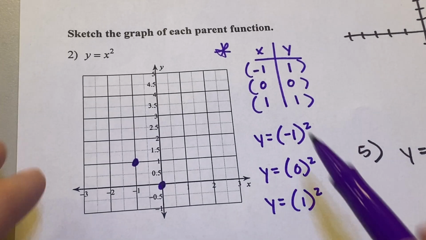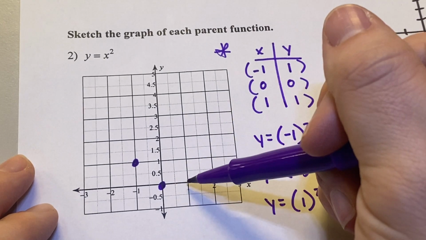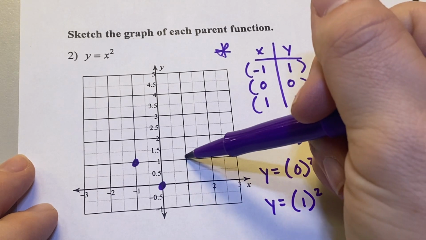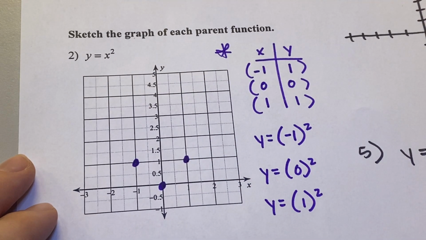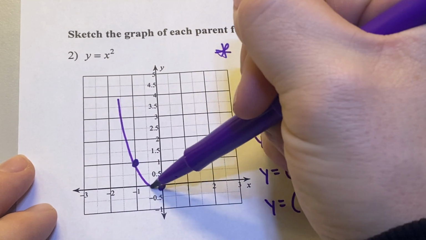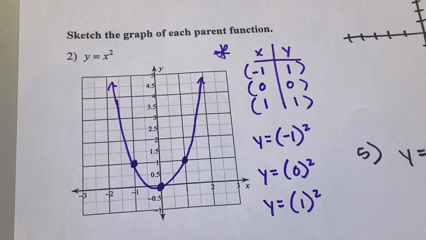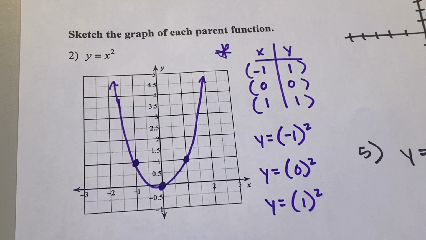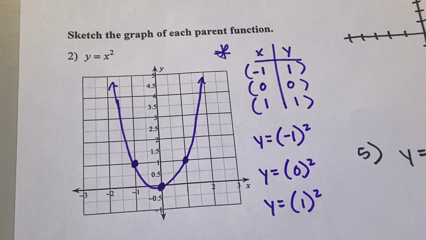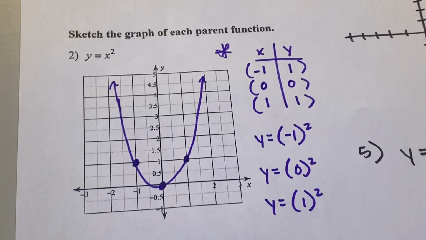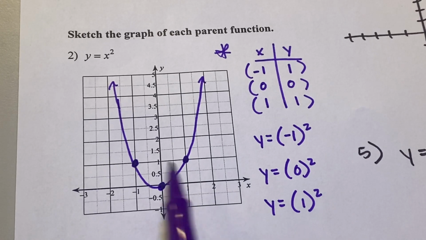And my next point, +1, +1. So +1 for x, +1 for y. And there we go. Remember the quadratic is that U shape, so you just connect those with your U shape, arrows at the end, because yes, this does go on forever. But you're done. These are what we call the parent function points.